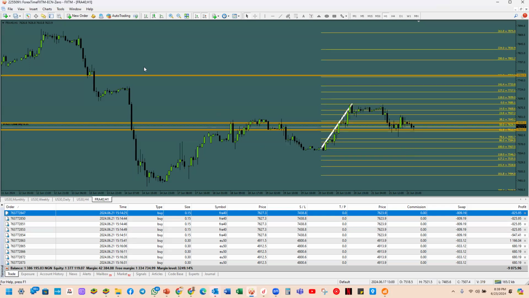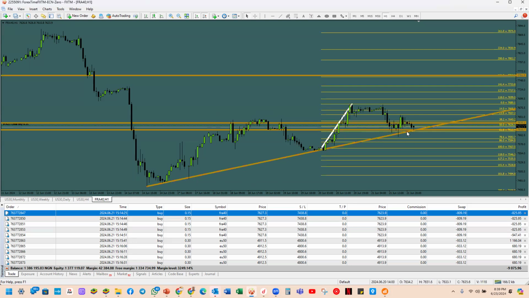Now, I'm able to tell you this because I know. Somebody just looking at the chart will not be able to say, oh, this market is going to go up or go down. But there are tools and analysis that make me know that the market is going to go up or down. So first, if I put a trend line here from this low to this low, you see the market here, 2, 3, 4.